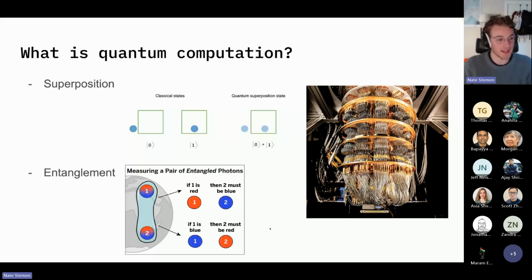That's evidence that quantum computers have more capability to do, in a sense, more computation in a given amount of time.